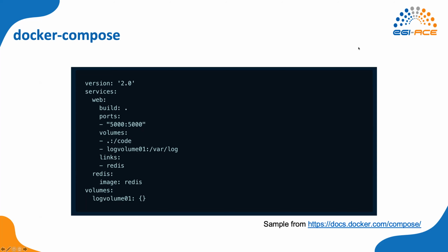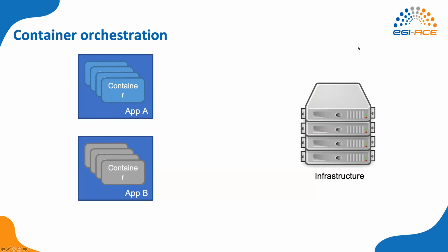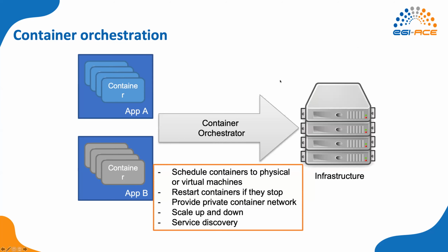So going for container orchestration, you have multiple applications, each of them composed of single containers. You want to run their infrastructure. You need something that makes that happen. So a container orchestrator will do that for you.